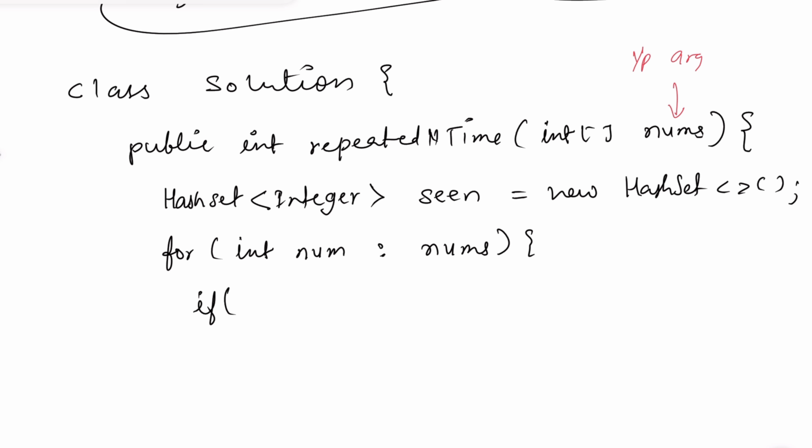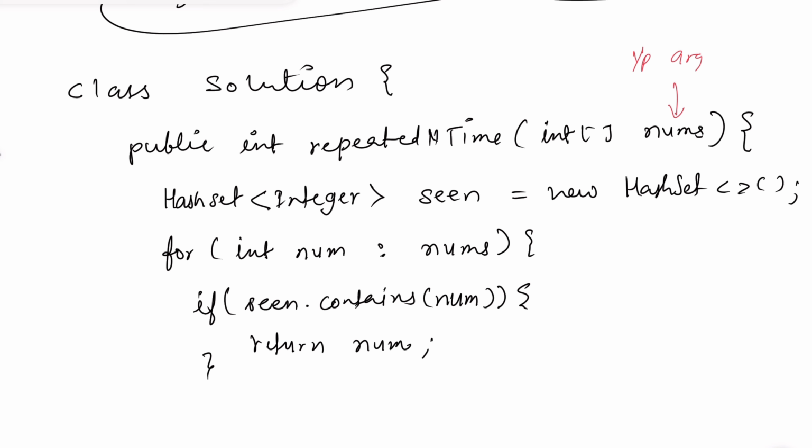Very first, check if seen.contains(num), then return num. Otherwise, you will do seen.add(num). Then we'll close it.